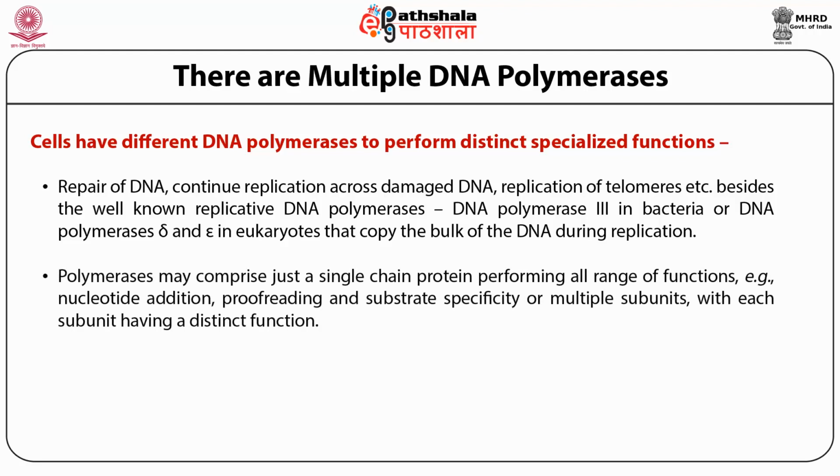Polymerases may comprise just a single chain protein performing the whole range of functions such as nucleotide addition, proofreading and substrate specificity, or multiple subunits with each subunit having a distinct function.